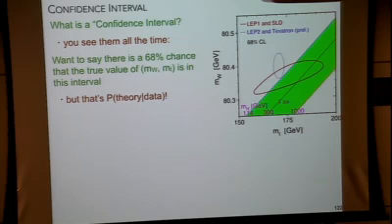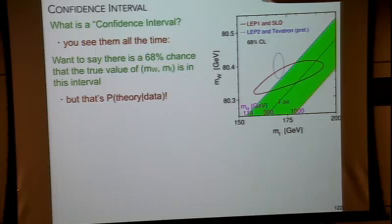Yeah, they're not the same statement, right? Because in this case, it could be that the true value is over here. And if it's there, what's the probability that the true value is inside the contour? But 68% of the time means I do a bunch of different experiments and apply the procedure.